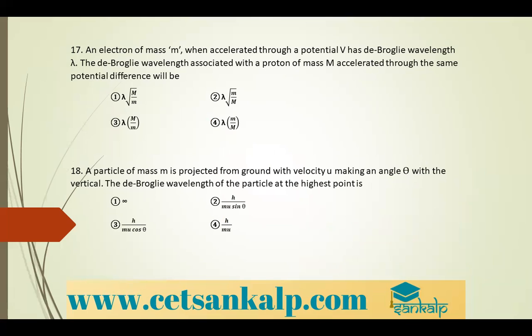An electron of mass m, when accelerated through potential V, has De-Broglie wavelength lambda. The De-Broglie wavelength associated with a proton of mass M accelerated through the same potential difference will be? From the formula, lambda is equal to h divided by root of 2mK.